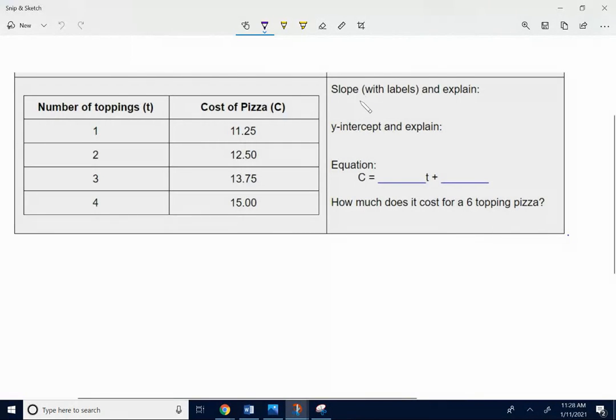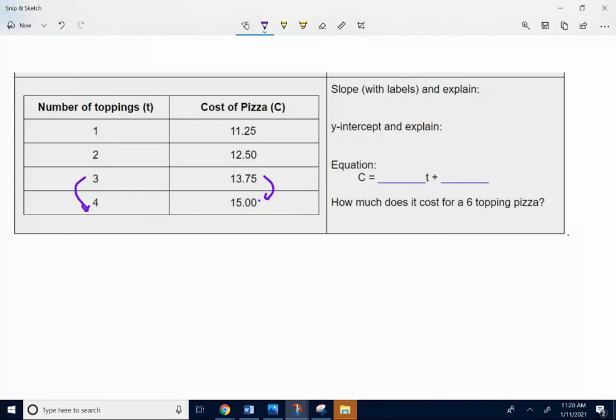So let's first find the slope with labels. Slope of a data table is change in your y values over the change in your x values. Again, y's are on the right, x's are on the left. I'm just going to look at these two points.